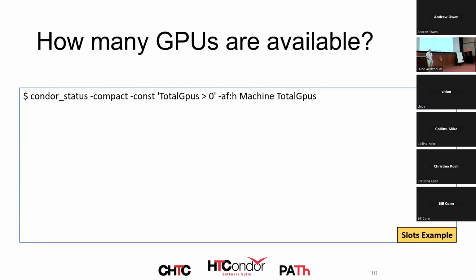And then if you want to know how many GPUs you have available in your pool, you can always use condor_status to look at that. Oh, these don't line up right on this machine.